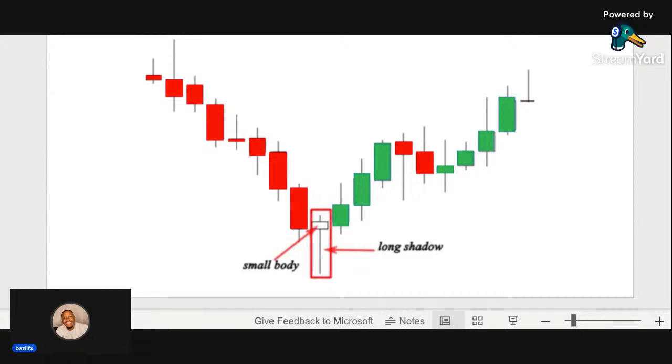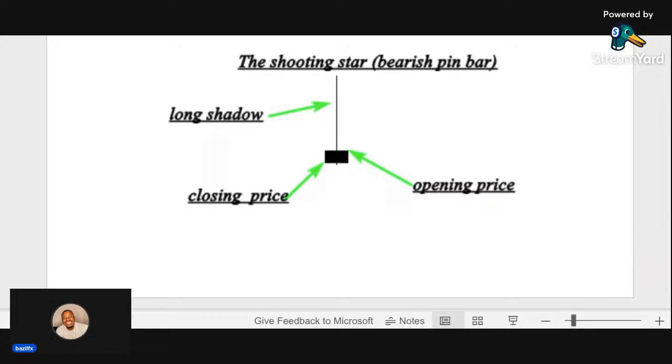Then the opposite of the pin bar is called a shooting star. The shooting star is a reversal candle to the downside, or you can call this a bearish pin bar. For this one, you can see the buyers tried taking price up, but for some reason the price was brought back down like this. Who brought the price back down?